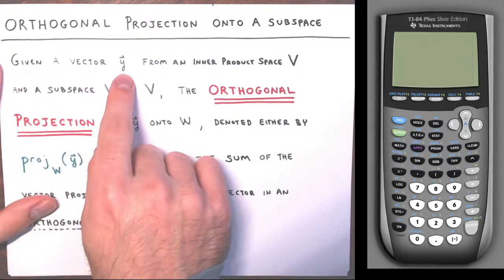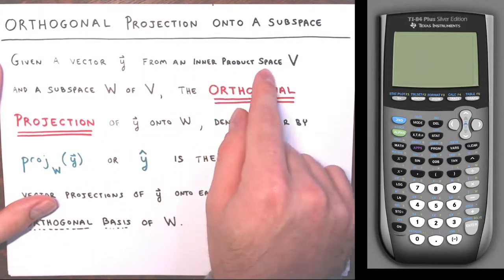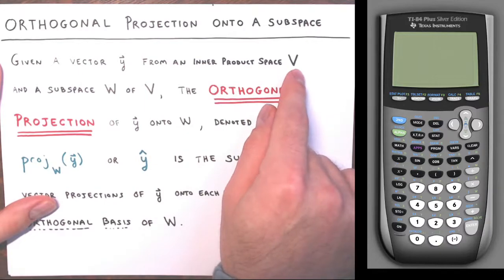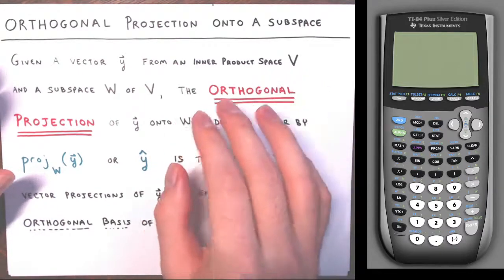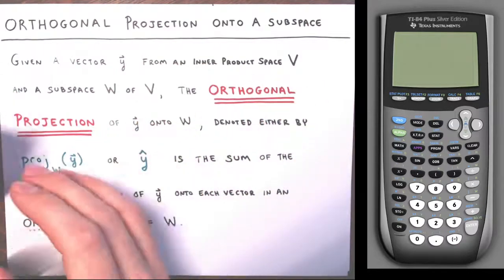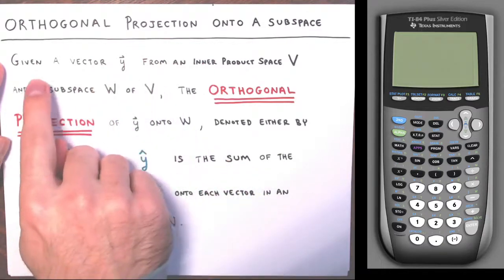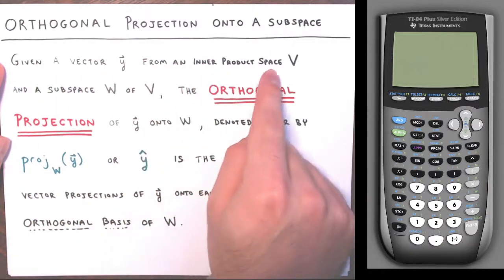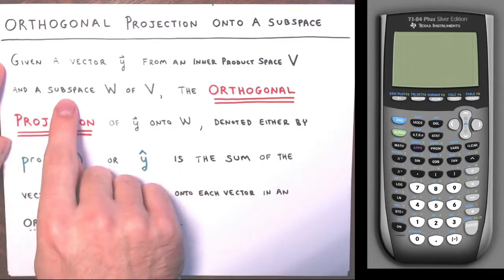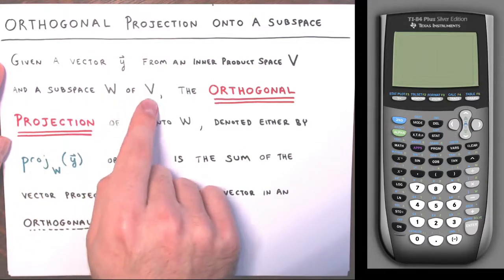Given a vector Y from some inner product space V, remember I'm going to try to break this up into the sum of a vector from a subspace W plus a vector from its orthogonal complement. So we're given a vector Y from an inner product space V and some subspace W of V.